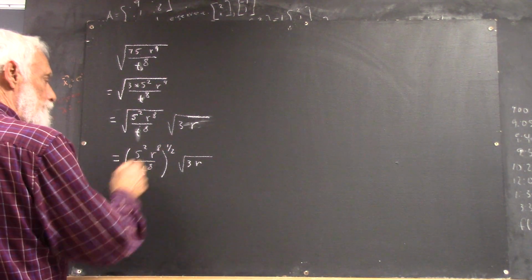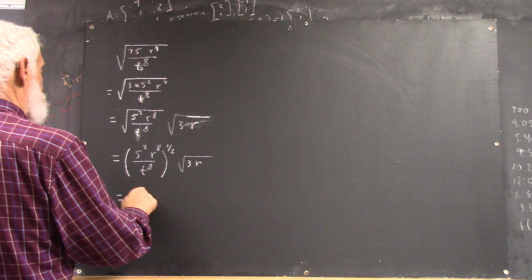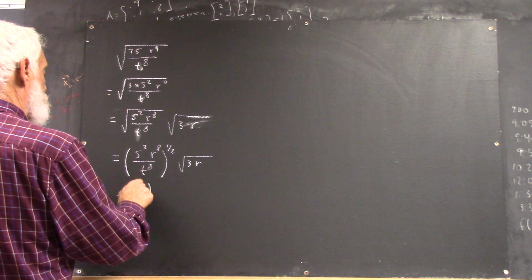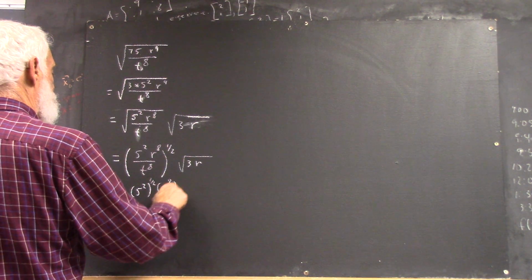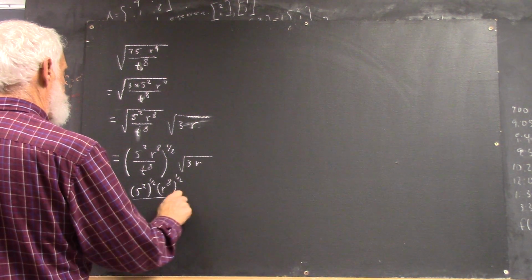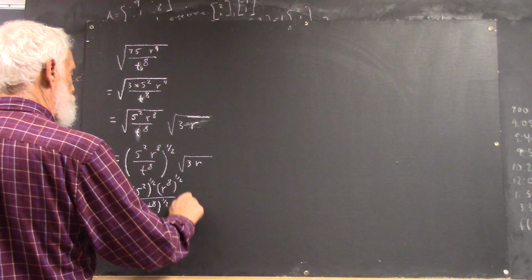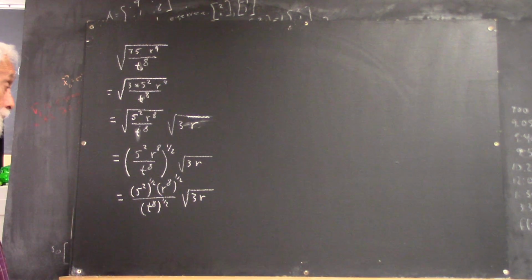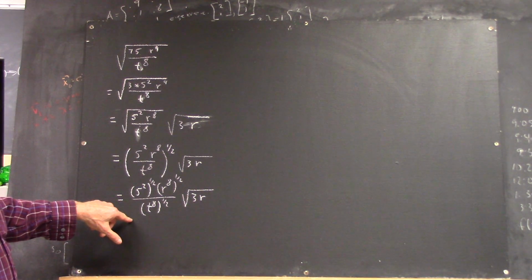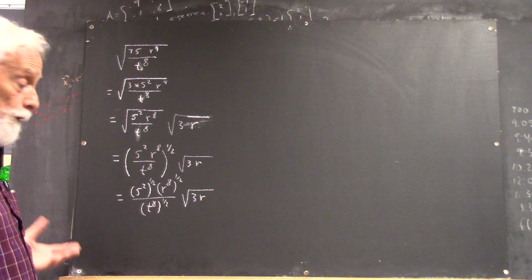And then we use the laws of exponents to write this as 5 squared to the 1/2 times r to the 8th to the 1/2 over t to the 8th to the 1/2 times the square root of 3r. And I'm really going to recommend that when you write these out, you always write this detail. It doesn't take long to write. And once you get the hang of it, it goes very quickly.